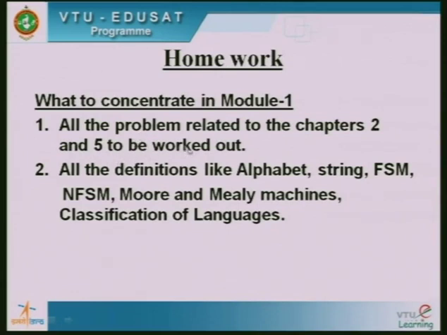You must work them out, and all the definitions are very important. There is no substitute for definitions. You need the definitions of alphabet, string, and finite state machine, which is a 5-tuple. A Moore machine has 7 tuples and a Mealy machine has 6 tuples. Definitions will have to be as given in the book only.